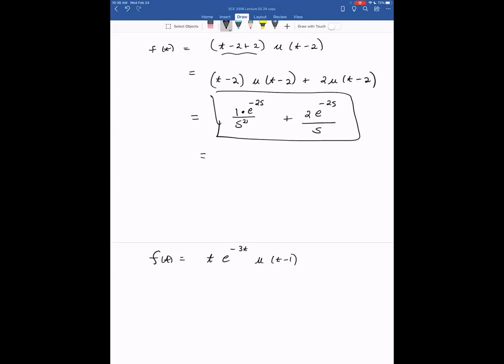Let me repeat, what you don't want to do is take the transform of t, the transform of e to the minus 3t, and the transform of t minus 1, u of t minus 1, and multiply them all together, because that won't work. That's not mathematically allowed. Instead, we have to look at some of the properties and how they might apply. The first thing we want to do is be sure everybody has the same time shift.